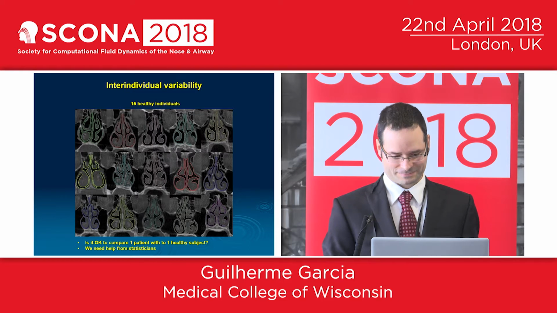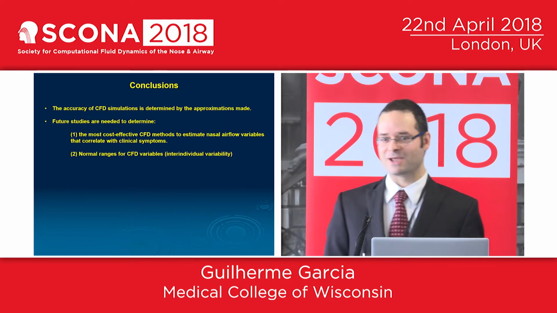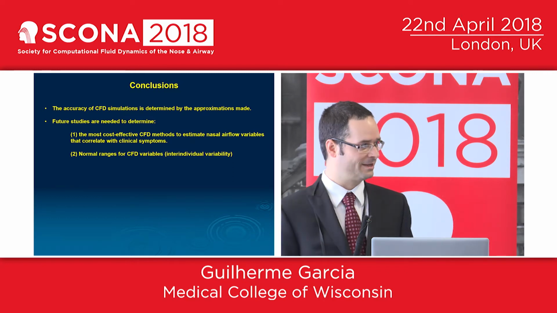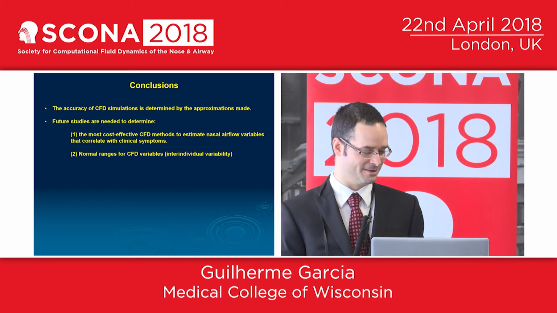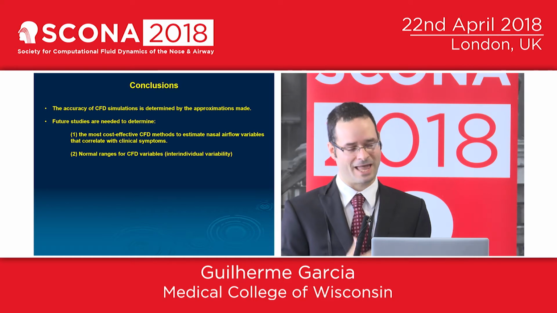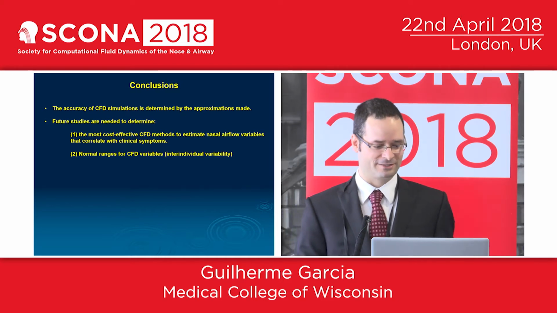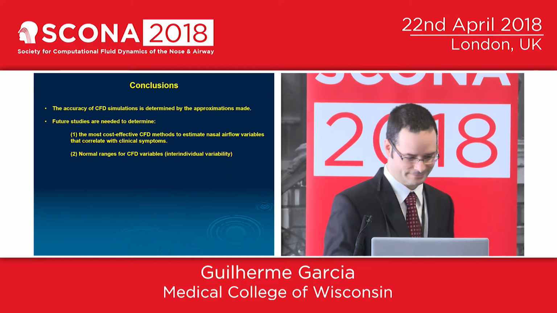And so in summary, I think there are a lot of questions still to be answered, and in particular we need to think about what approximations we can make and still get reliable, clinically relevant flow variables. Yeah, thank you.